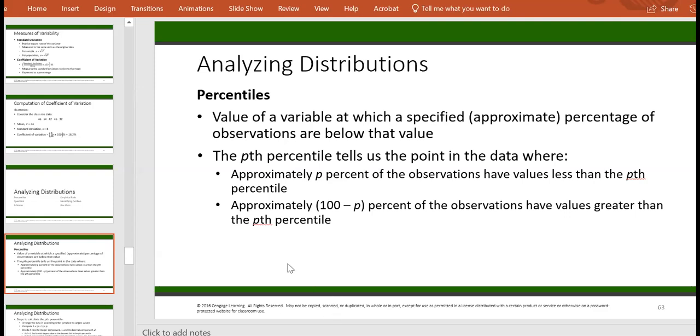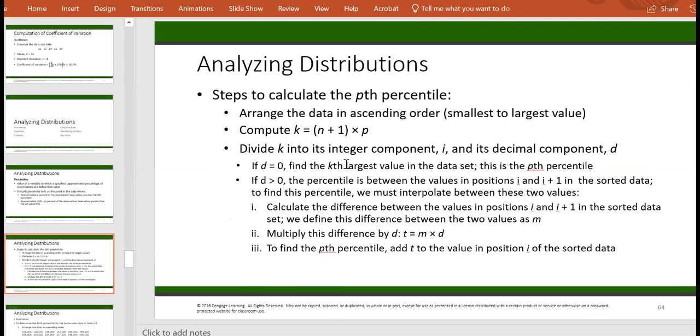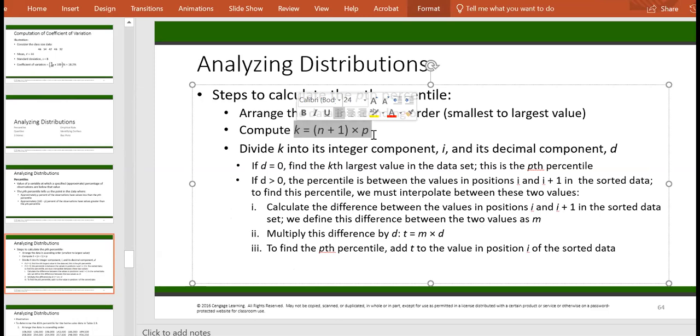When it comes to Excel, there are two ways you can find it, which are very slightly different. The difference is really minor, but this is one popular way to find it. You can arrange the data in ascending order.